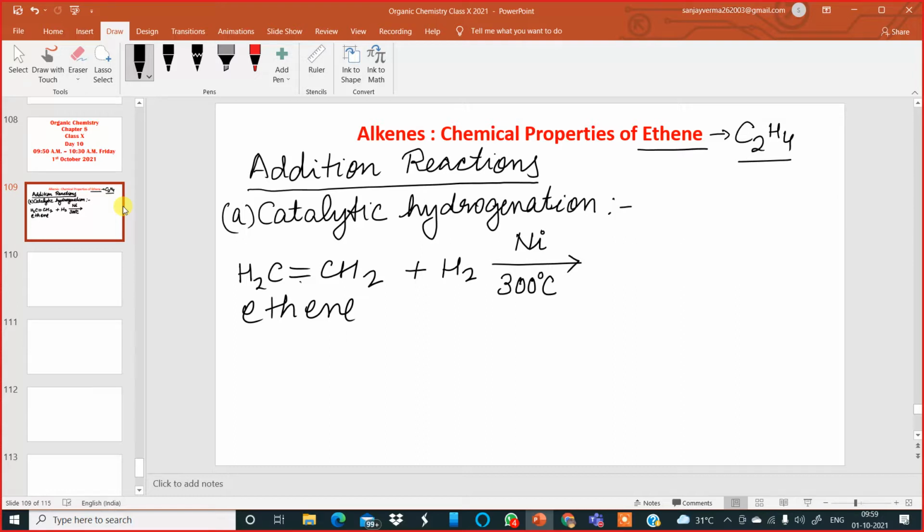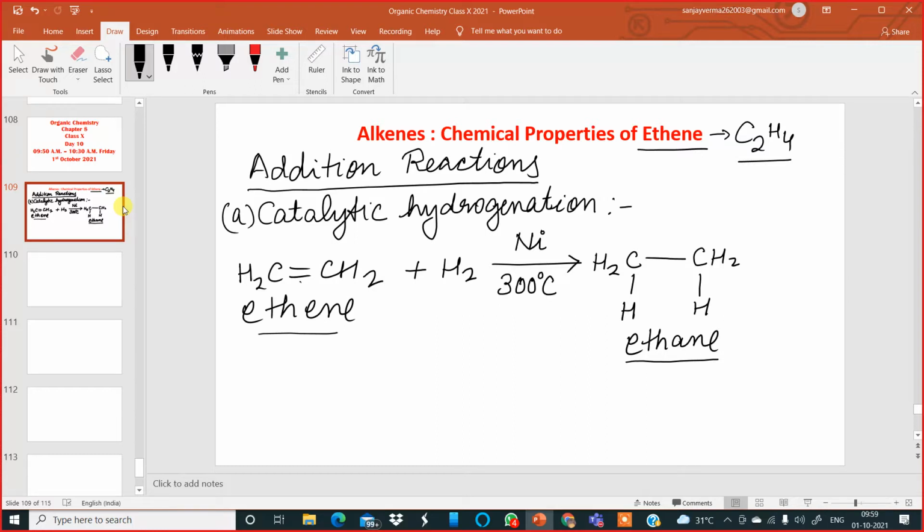So we get H3C, single bond, CH3. So this is ethane. So this is how you can convert ethene, an alkene, to ethane, an alkane. So this reaction is called catalytic hydrogenation.